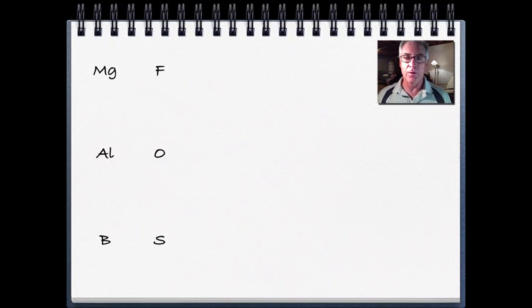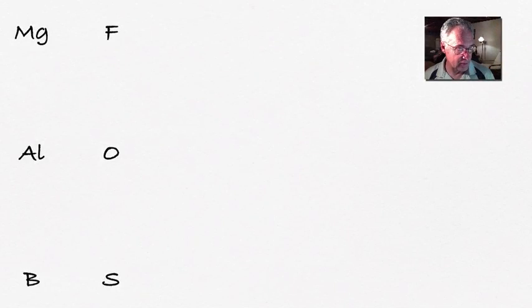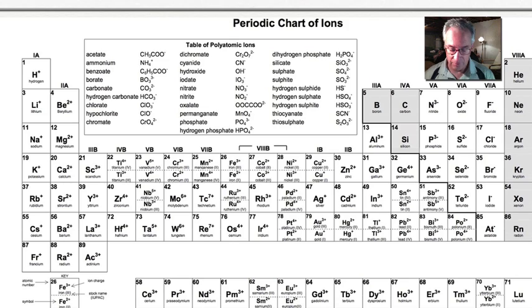So let's do one more. And this one is boron, and we also have sulfur in this one. So we're going to check. All right, we have boron, +3. And sulfur is over here, -2.